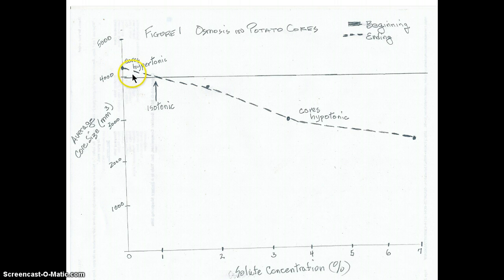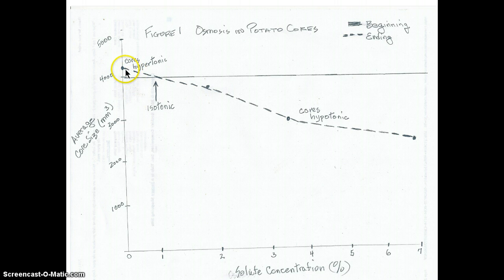the point where the line connecting our results dots would cross our beginning volume is the point where the cores are isotonic. So we might not have found any place that was exactly isotonic. We did a 0% salt solution and a 1.75% salt solution.